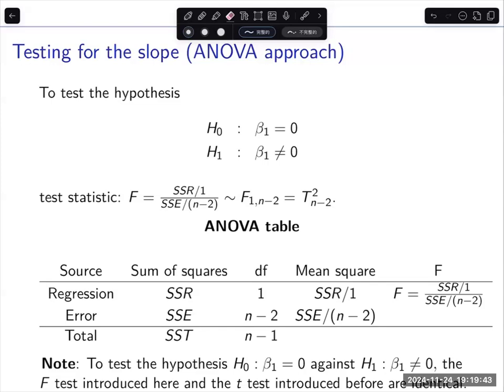It's because this statistic is more generic, for testing a more general model when we have multiple linear terms. In simple linear regression, F and t squared are the same, but that will not be the case for multiple linear regression, when you have multiple covariates introduced in the model.